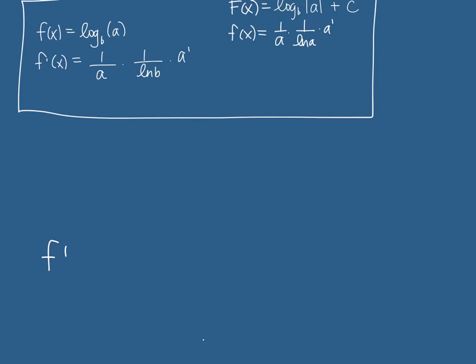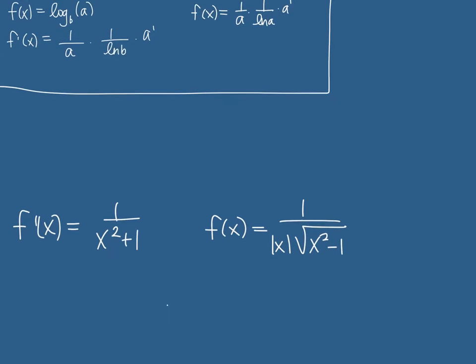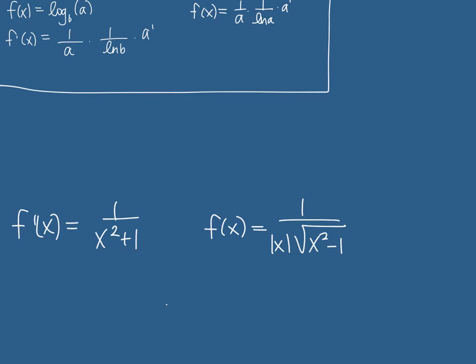f of x, if it's 1 over x squared plus 1, that was a special case, it came from a special function. And 1 over the absolute value of x times the square root of x squared minus 1. That was a special case, and that came from a special function.